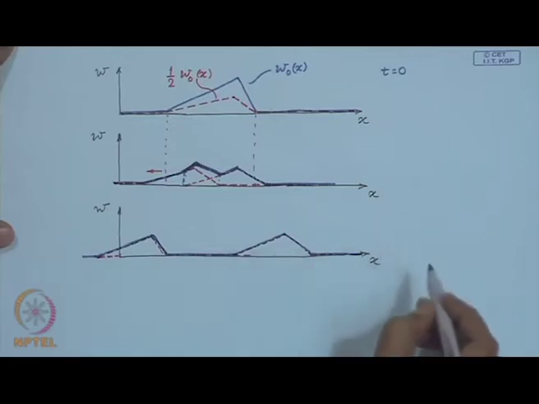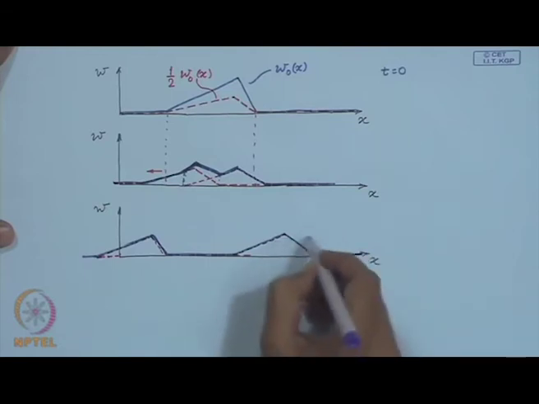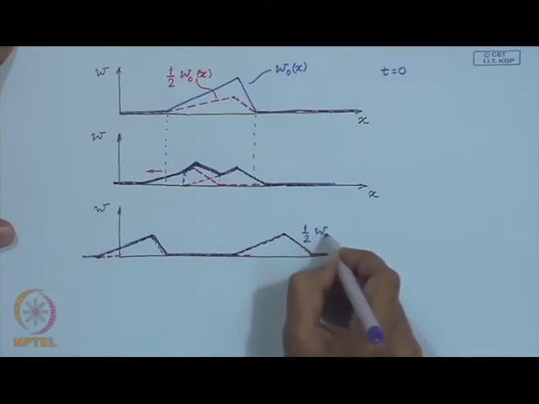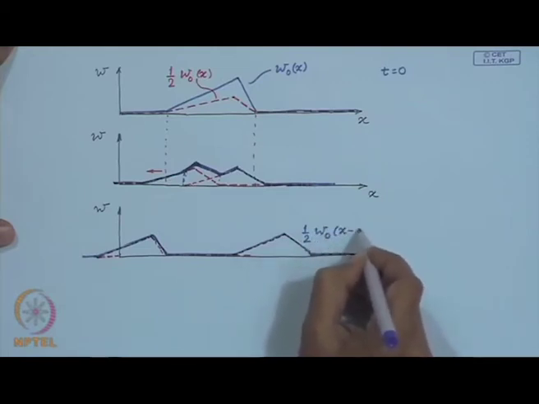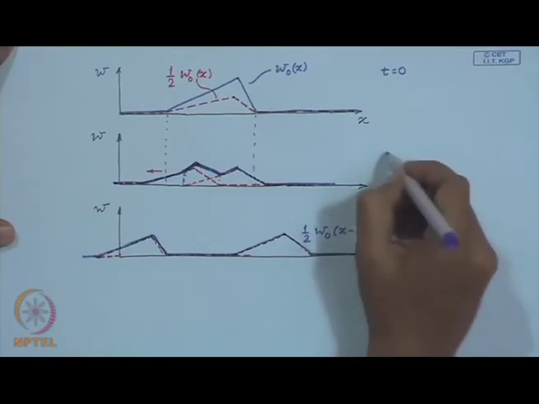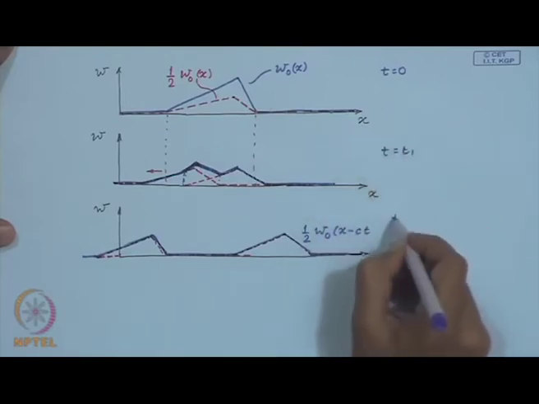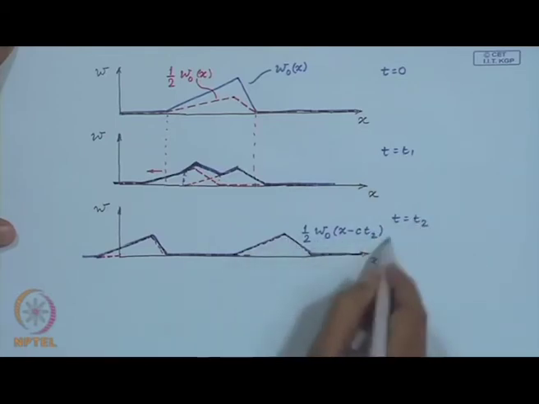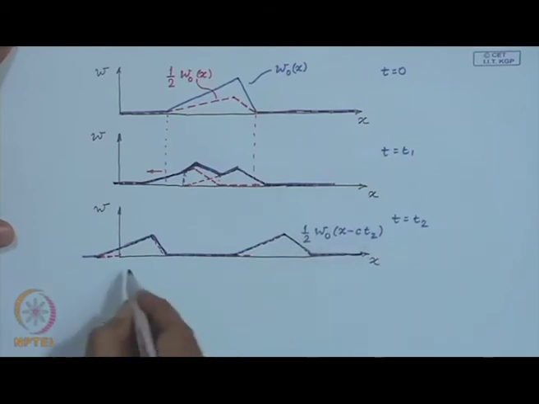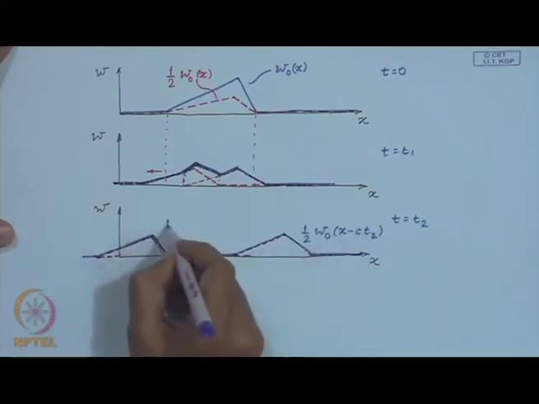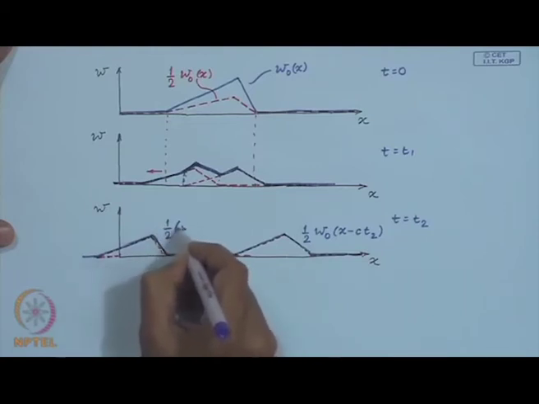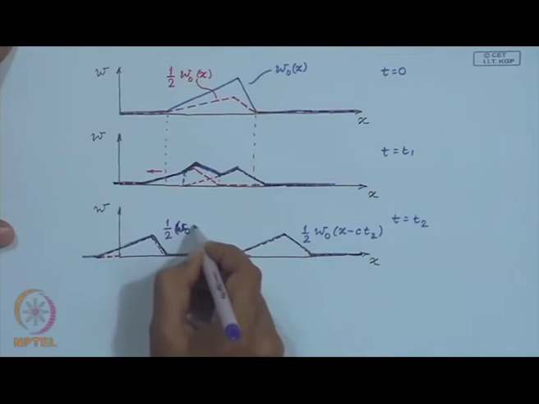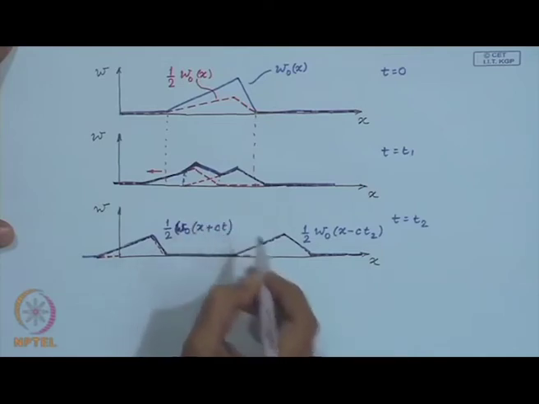Suppose this is t equal to t 1 and this is t equal to t 2, then this pulse is this solution and the other one is the negative travelling pulse.